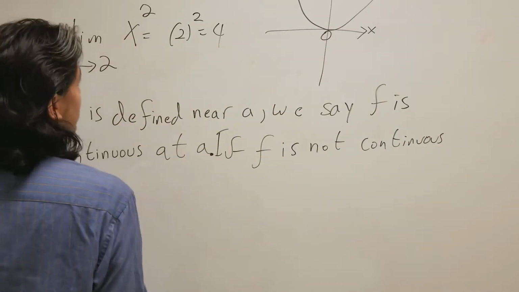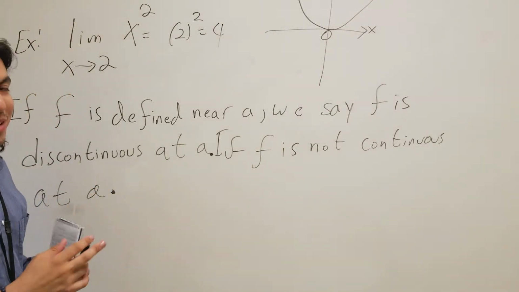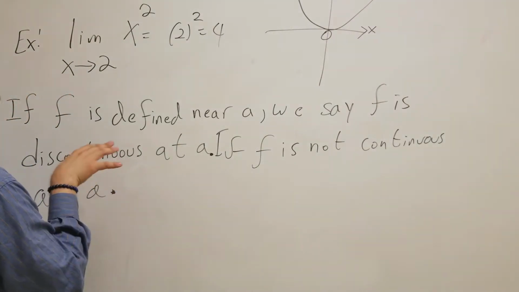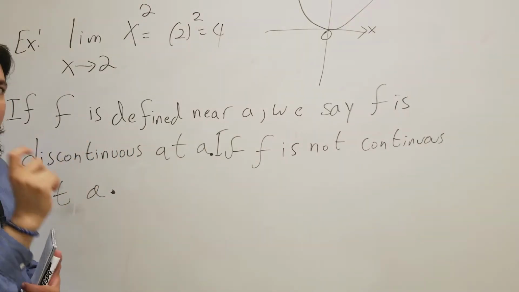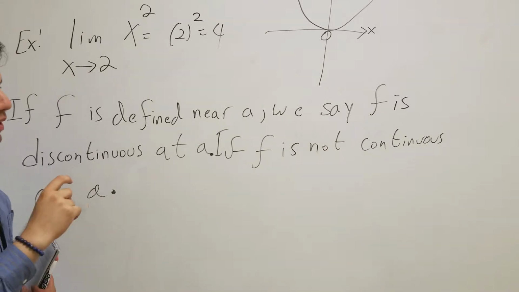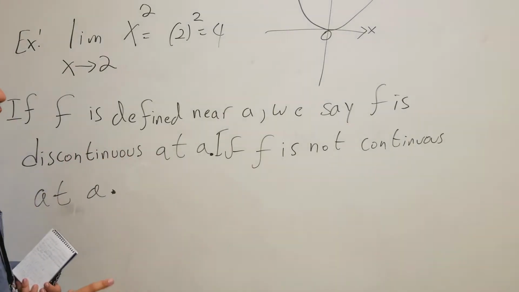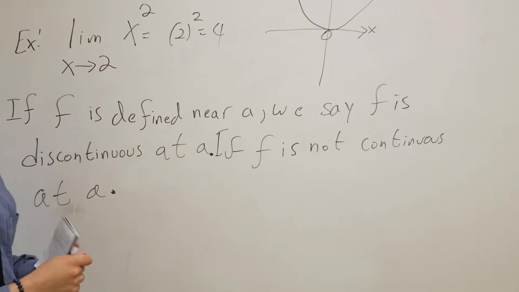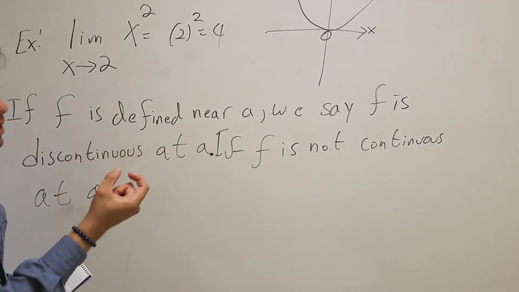That means there's a malfunction within your function: something's wrong when you plug this element into your machine, and for some reason it doesn't work. That means it's discontinuous at that one point.